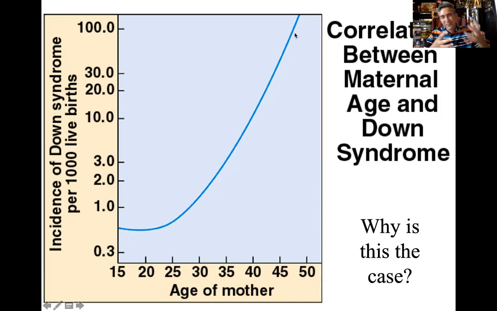Those eggs have been subjected to a lot. The spindles become kind of inefficient and they don't separate the way they're supposed to. So again, if you look at most Down syndrome children, not all, but most, you'll notice that the mom and dad were a little bit older when they had these Down syndrome children than the young parents here.